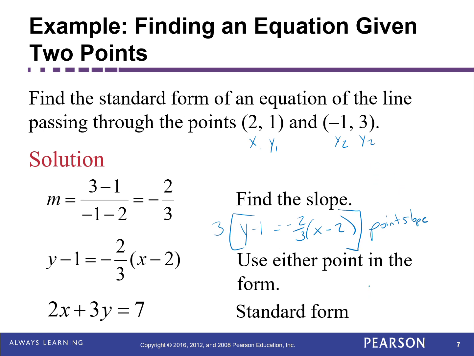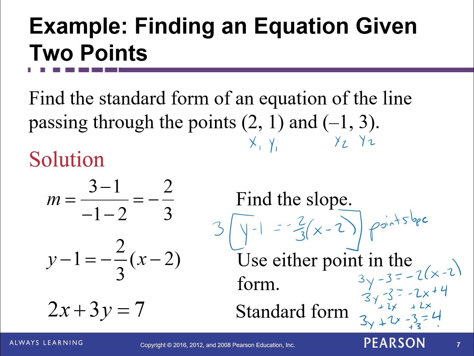That's going to give us 3y minus 3 equals negative 2 times (x minus 2). I'm going to simplify this a little bit to be negative 2x plus 4. I'm going to add the 2x to the left-hand side, get 3y plus 2x minus 3 equals 4.